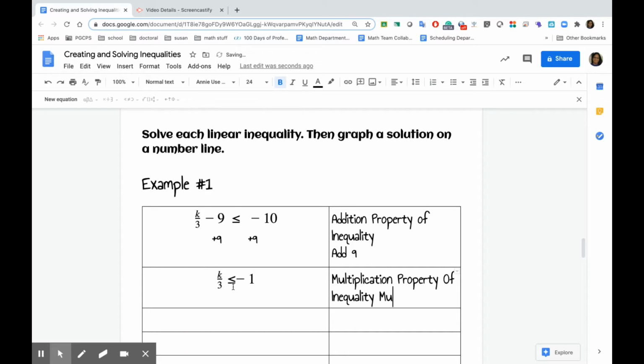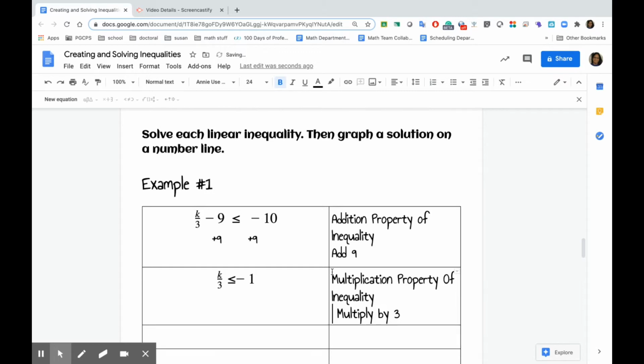And multiply by 3. So now, let's put 3 in front. So again, it's 3 times K over 3, and then this will become 3 times negative 1.